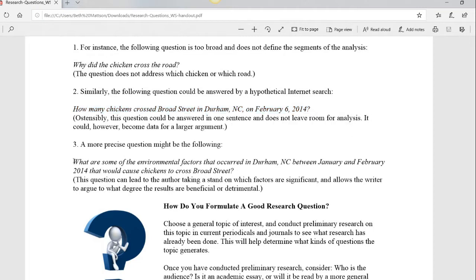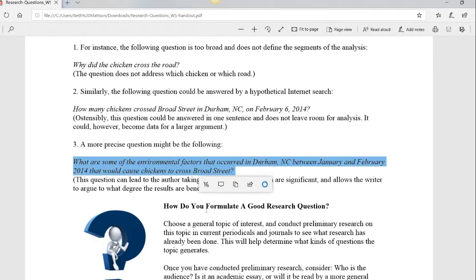But this is still debatable, and it reveals that there could be a bunch of different answers, and they could all be equally objective or subjective. What are some of the environmental factors that occurred in Durham, North Carolina between January and February?